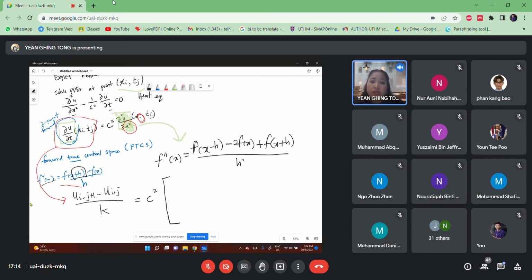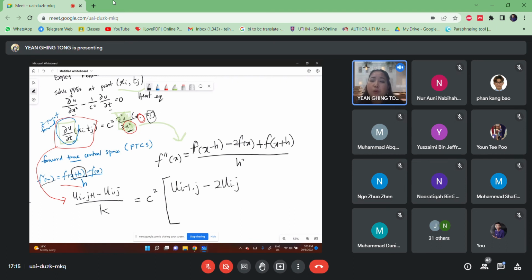Here, x minus h is the step size, so x minus 1. The j stays j, I do not change j because it is with respect to x only. So minus 2 u i j.